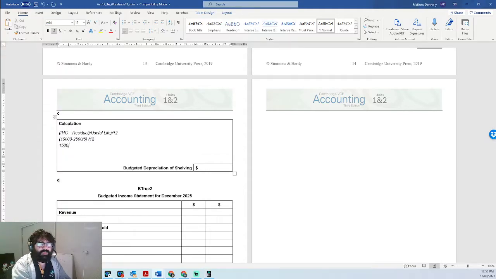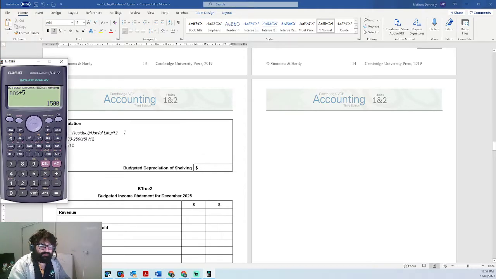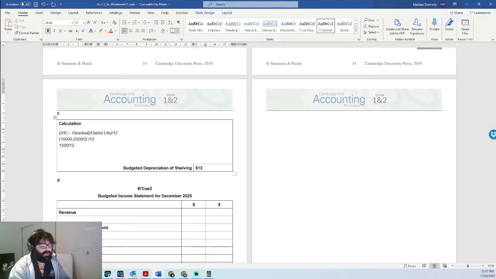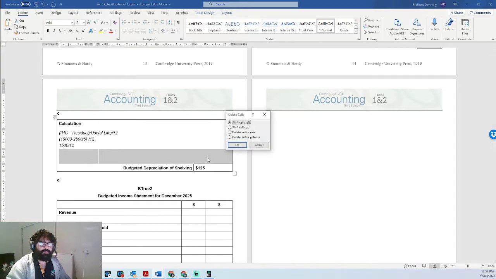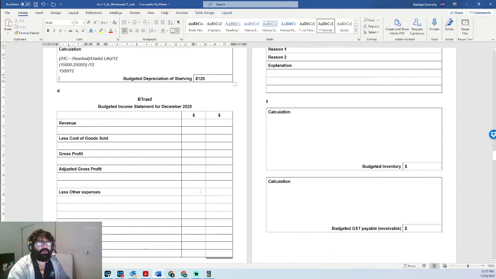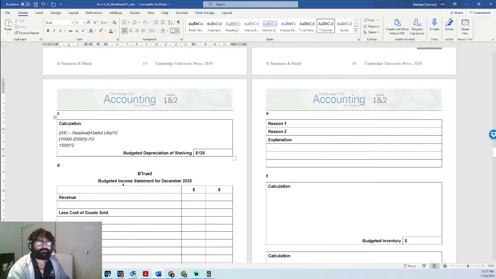So that's 1,500 divided by 12 gives us 125. So that gives us 125.